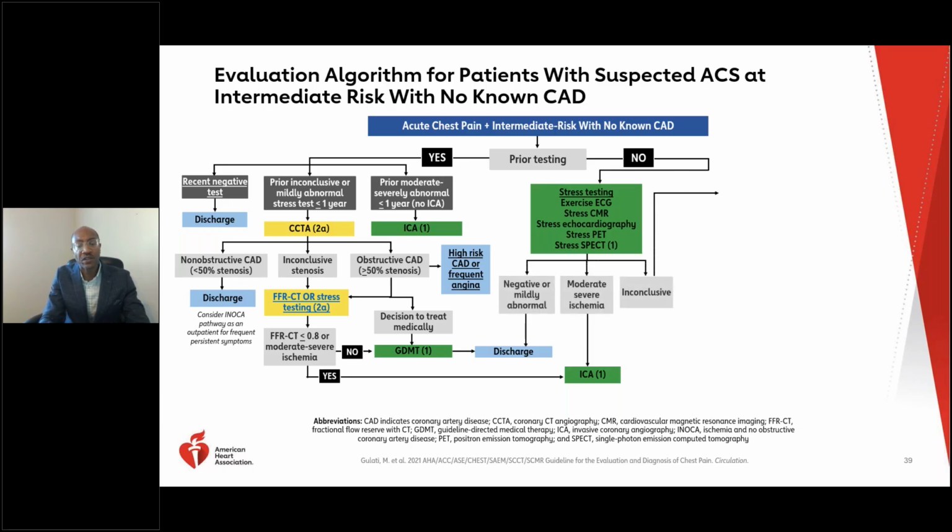In patients with no prior cardiac testing, it's very reasonable to use stress testing in the form of exercise ECG, particularly for patients who may not need additional imaging paired with the study. Stress CMR, stress echocardiography, stress PET, stress SPECT, depending on what's available at your facility, are all incredibly reasonable in order to further stratify patients.